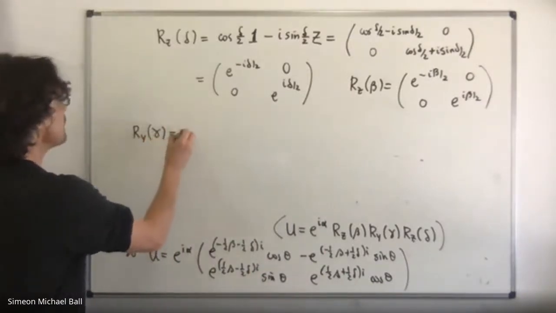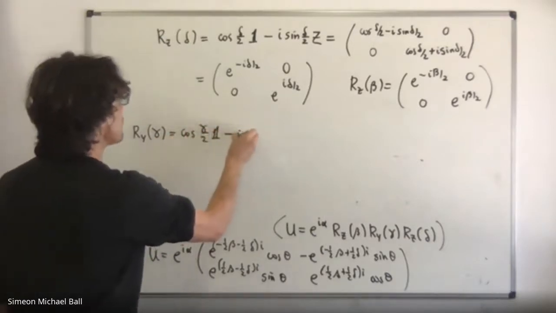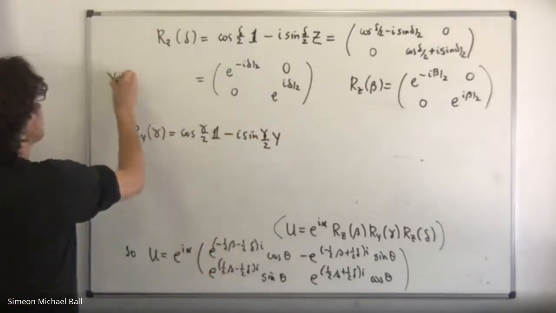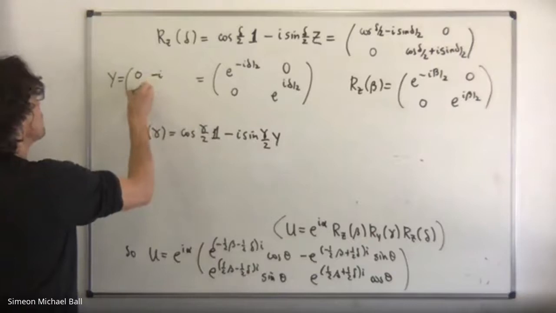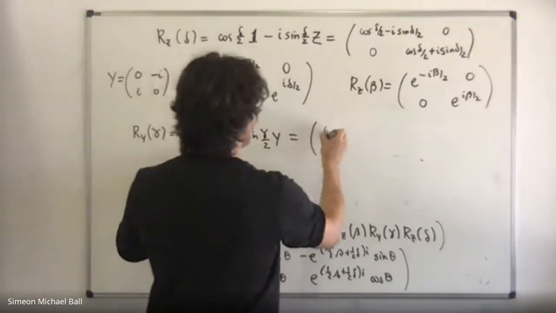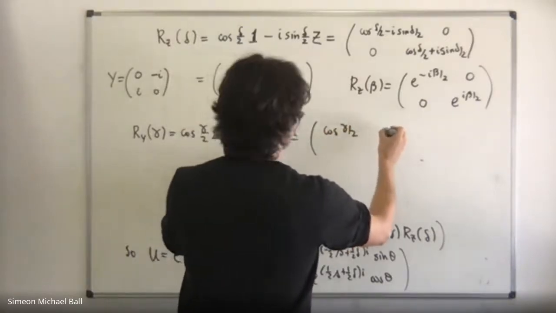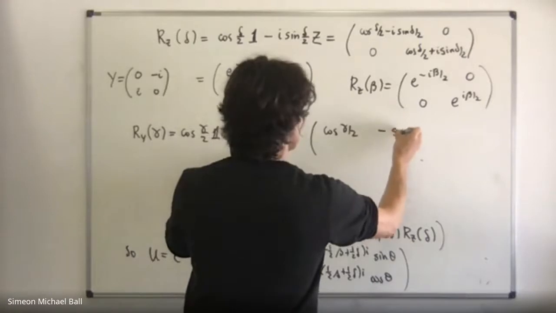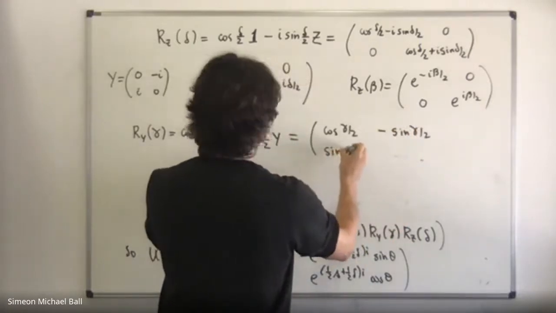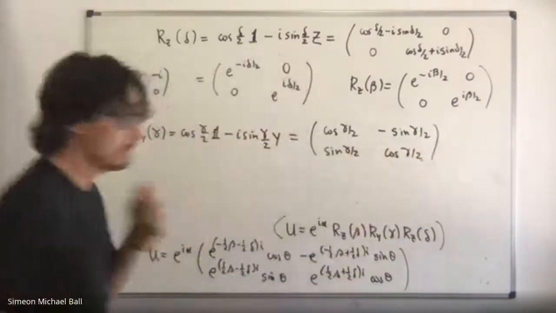That's going to be cosine gamma over 2 identity minus I sine gamma over 2 y. Recalling that y is 0 minus I 0, this is going to be cosine, minus I squared is minus sine, so that must be plus, and here. Okay, so this is going to be that.